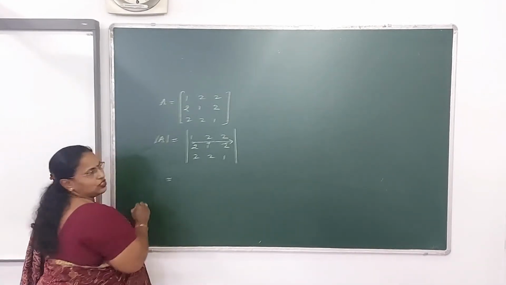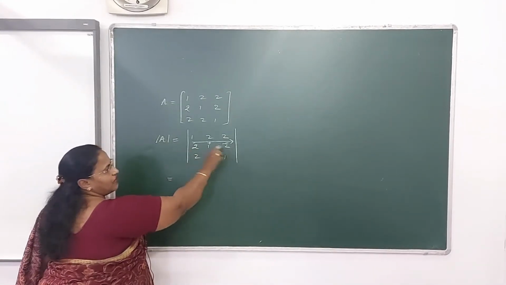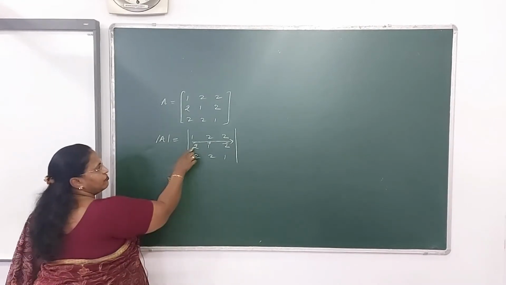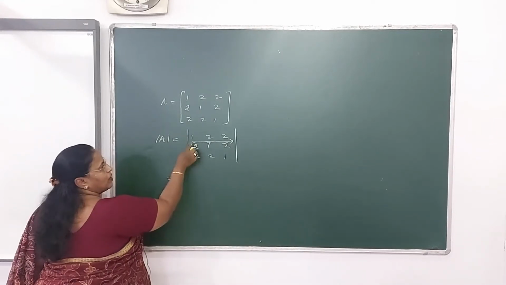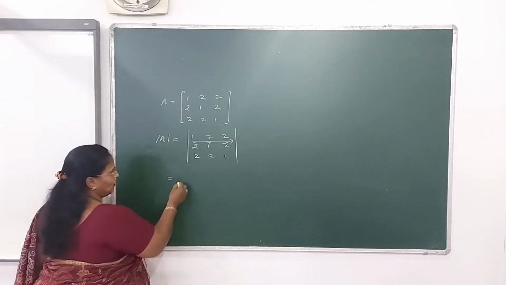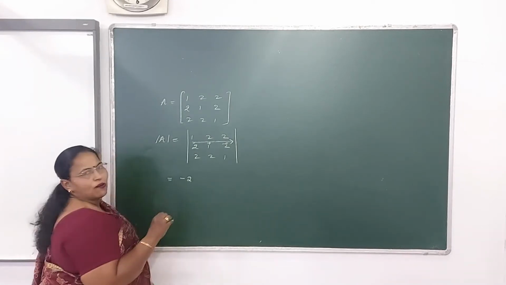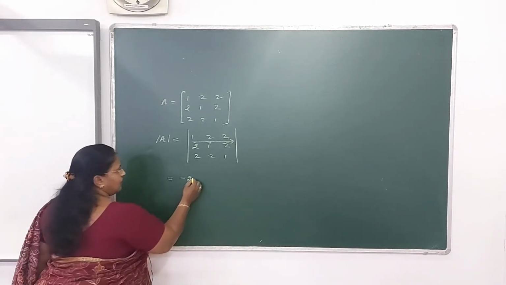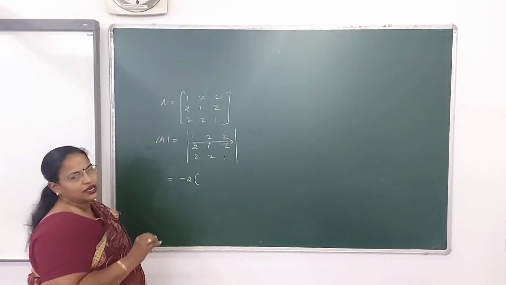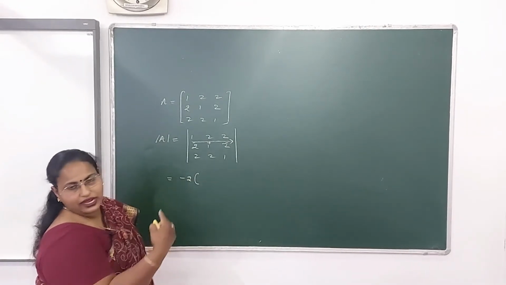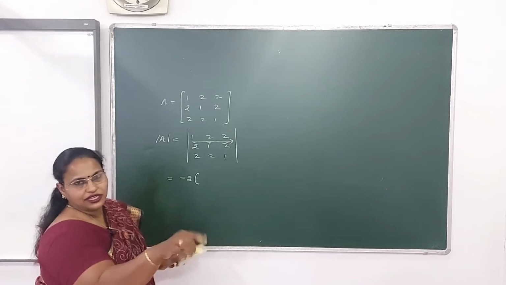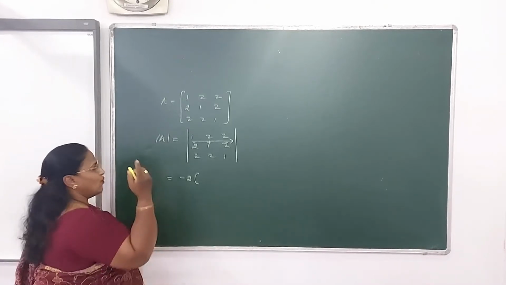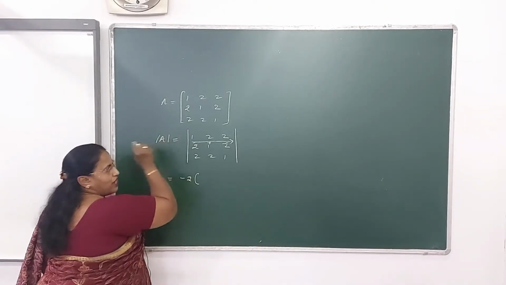So this is equal to, we are expanding by R2. So the very first element is 2. And what about the sign? It's minus. So you will take a minus sign here. So minus 2 into, open a bracket. Now the determinant step we are leaving. So what is the procedure? What you have to do?